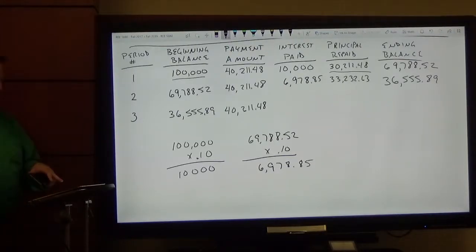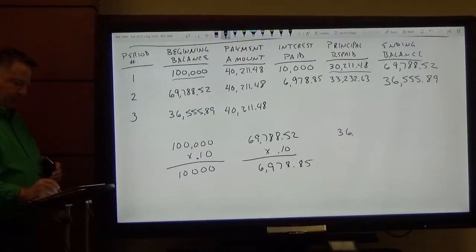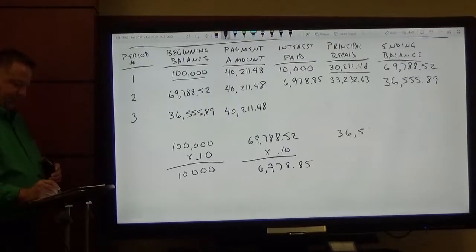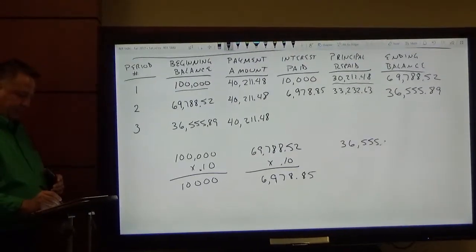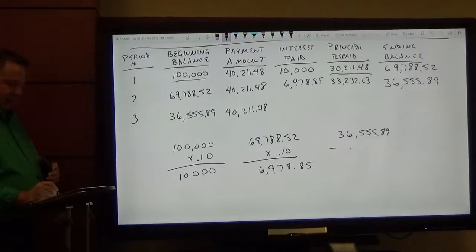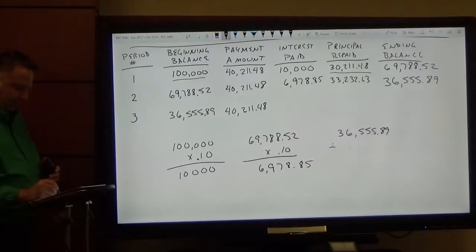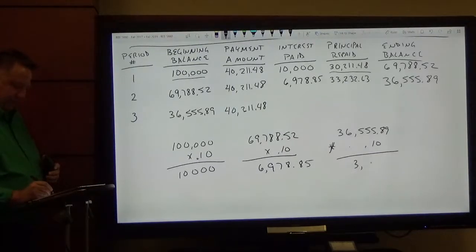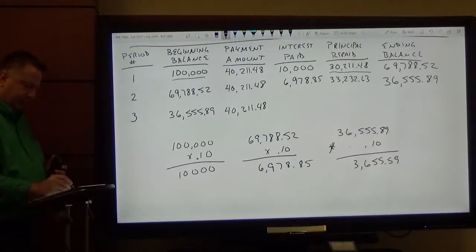Okay. Now we take the beginning balance $36,555.89, we subtract out, or I'm sorry, we multiply by 10%, so that gives us interest of $3,655.59.